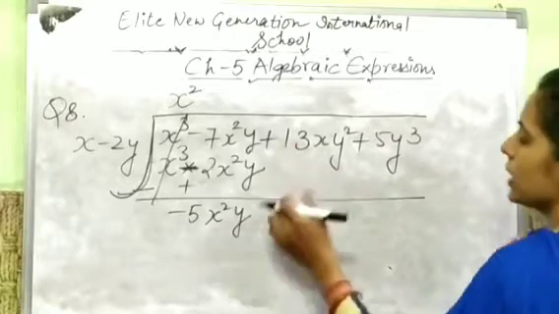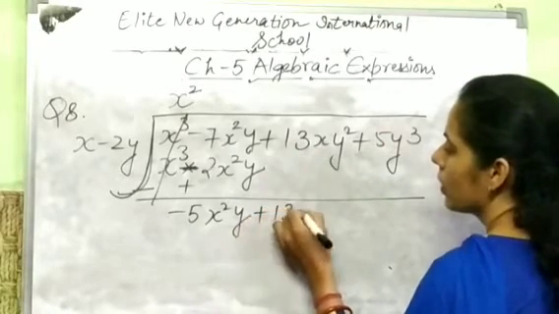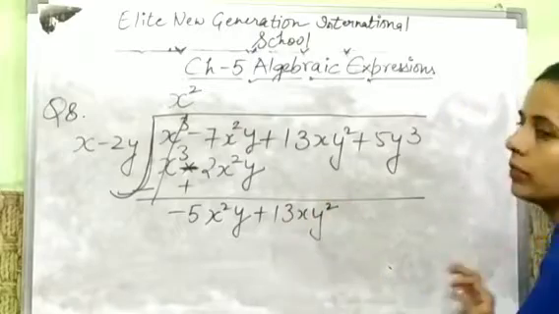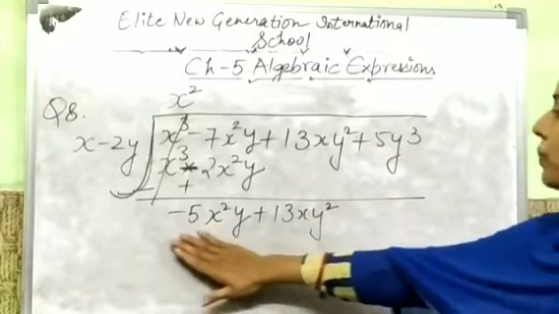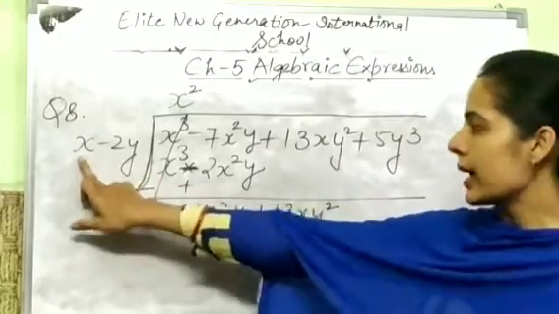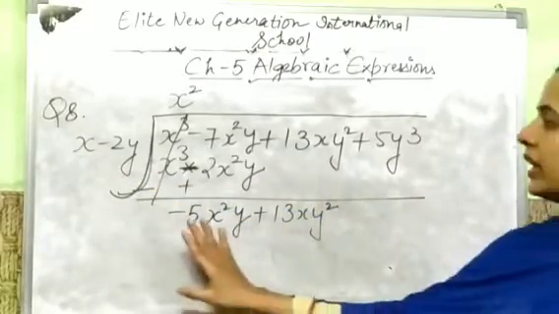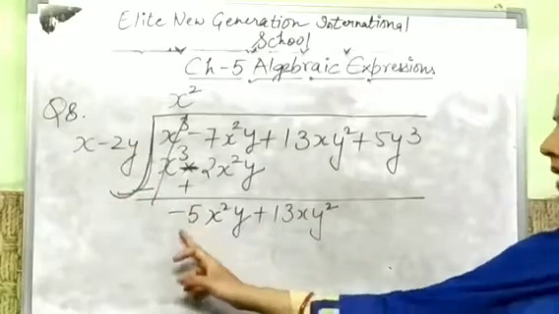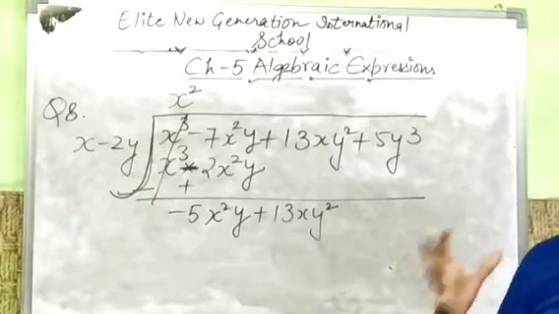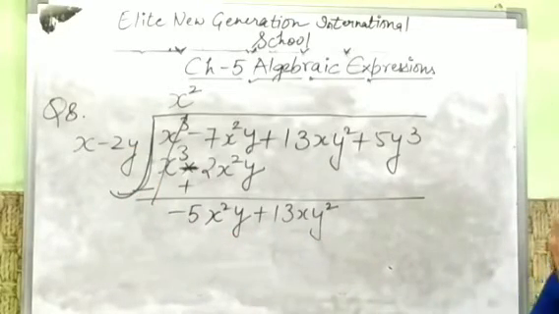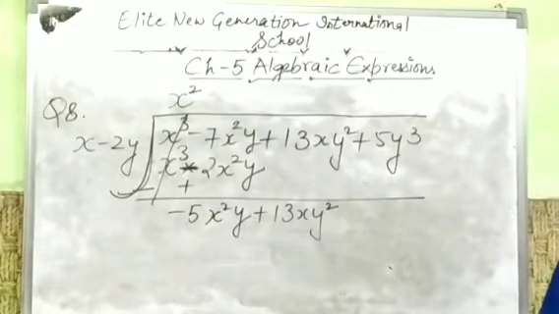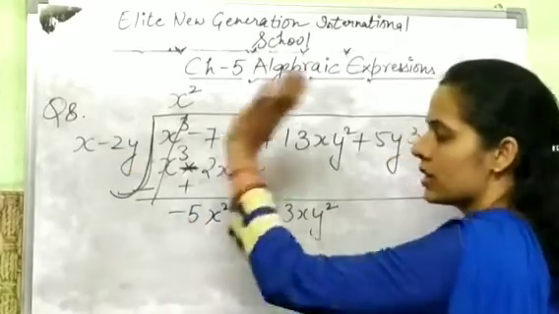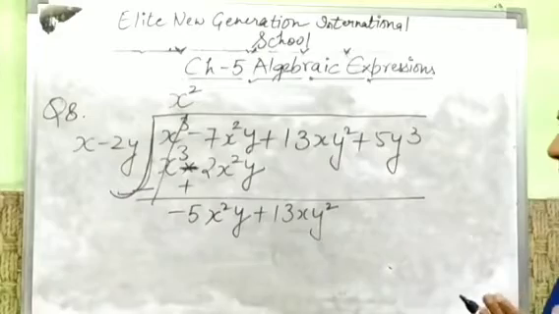Now bring down the next term. So now this is the next term. Okay. And here x is x only. We need to make this x into minus 5x square y. So what term do we need to multiply by x to make it minus 5x square y? So first, minus 5 is not here, so we need to multiply by minus 5.